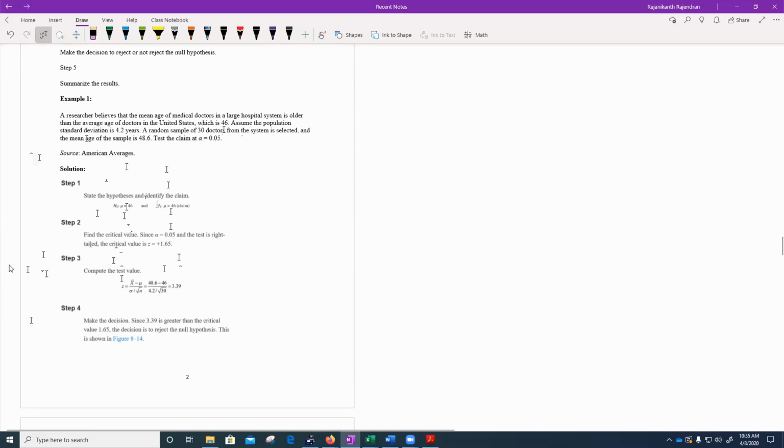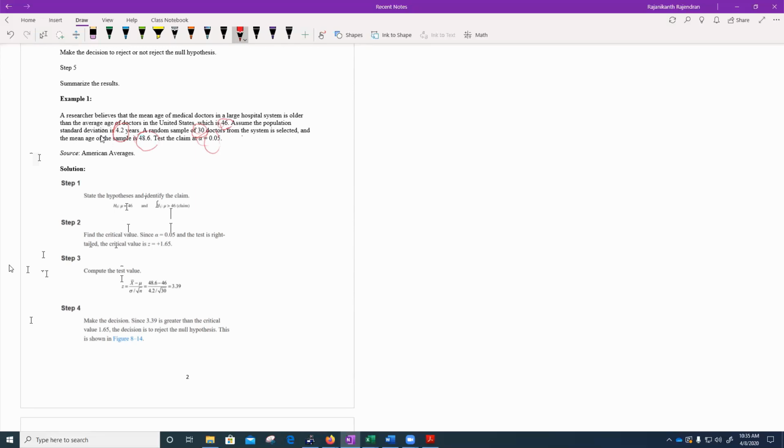Assume that the population standard deviation for this problem is 4.2. So you know the population standard deviation. The random sample is now 30, right? You know the significance level, right? So now the mean age of the sample, that means what is this? You have a lot of numbers now, so you need to identify each and every number here, right?